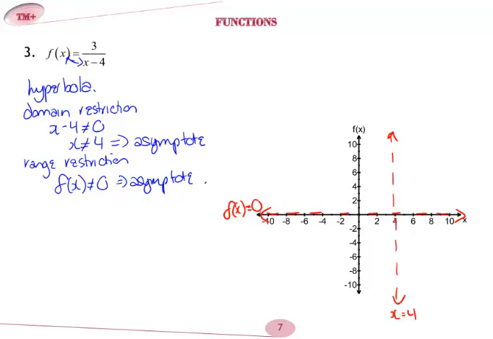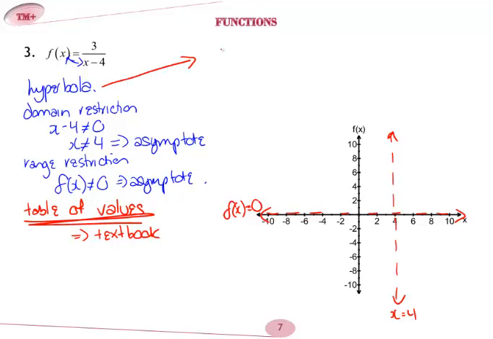Now, a table of values is very tedious for a hyperbola. You need to do a lot to get to it. Look to the textbook for that, because I'm going to take ages on this video to go through the points. You can see it quite easily in the textbook, so refer to the textbook to see that table of values. Personally, I wouldn't go there with a hyperbola. I know that a hyperbola, in this case because it's a positive out the front, is going like that, that's my basic graph for a hyperbola.